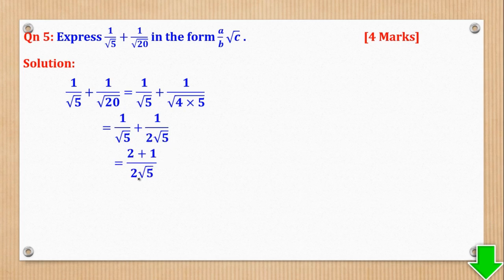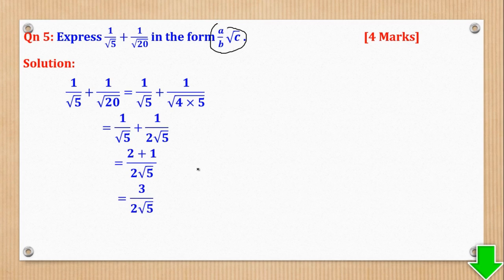Then from there, 2 root 5 divided by root 5, the root cancels, remain with 2, and 2 times 1 gives you 2, which is here. Then 2 root 5 divided by 2 root 5, everything cancels, remaining with 1. 1 times 1 gives you 1, which is there. Then 1 plus 2 is 3 over 2 root 5. But the question wants the square root to be in the numerator.